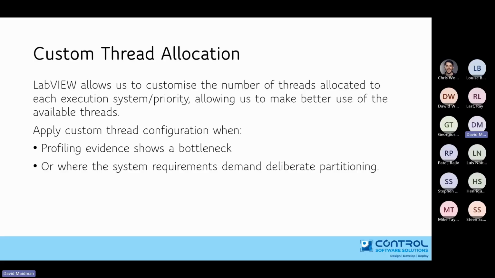So we can either split our application, like I just showed you, to run in certain execution systems, and it may be that we decide that one of those execution systems needs to have a lot more threads available. It may be that we want to keep our whole application in standard, and therefore we want to make the standard execution system have a lot more threads available.